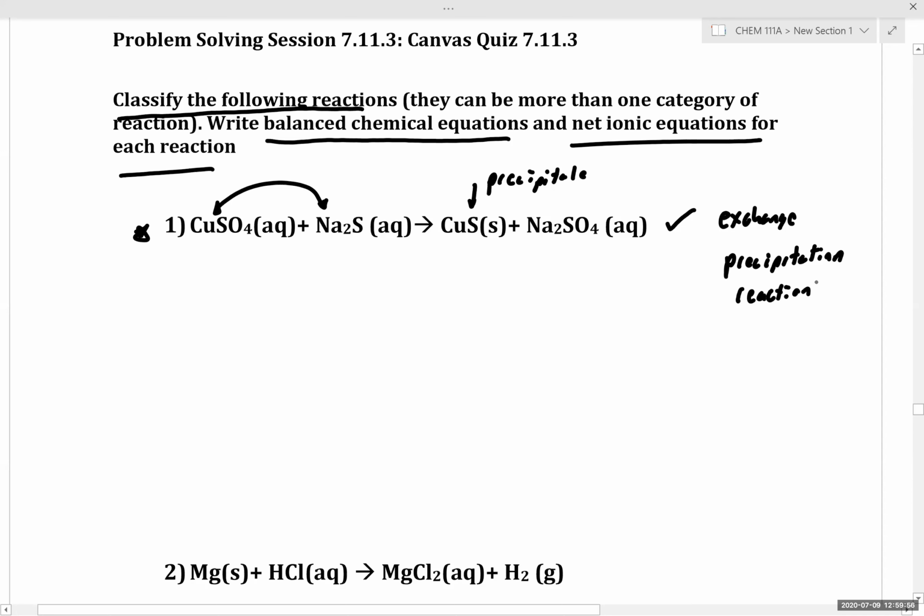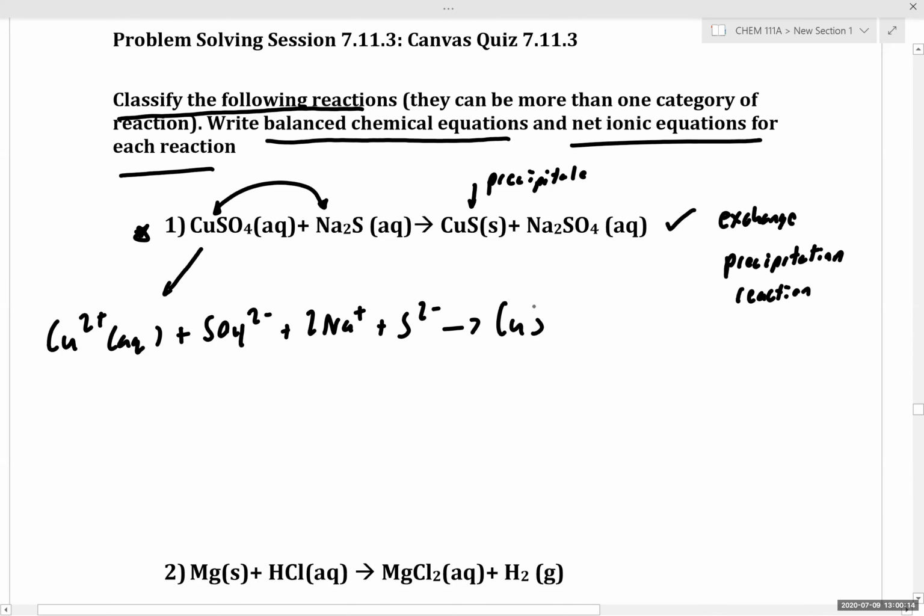So that in turn gives us, next, if we want to write out the net ionic equation, we break down each of our soluble ionic compounds into their component ions. Copper sulfide, we do not dissociate because it's an insoluble precipitate.